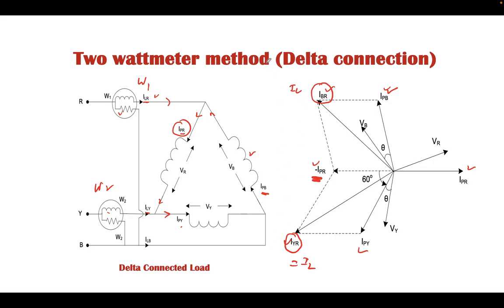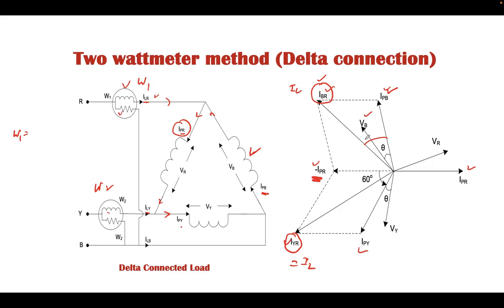For a balanced system, all these current values are the same, and the voltages are the same. The voltage between these two lines is the voltage across this phase only. For W1, this is the current in the first wattmeter, and this is the voltage in the first wattmeter.